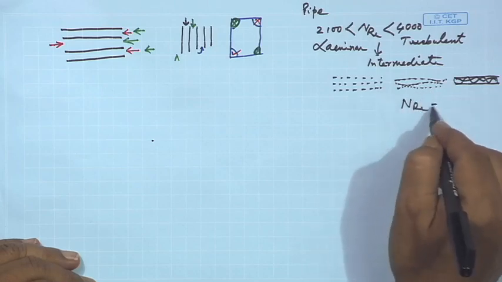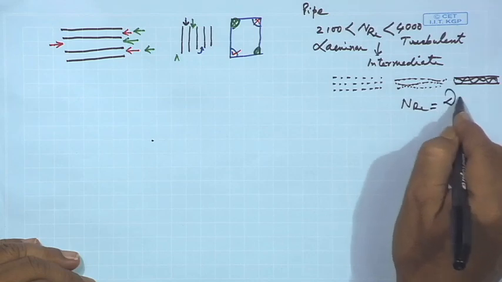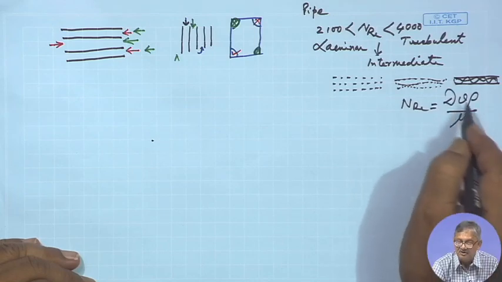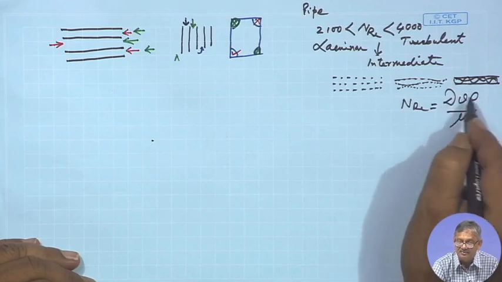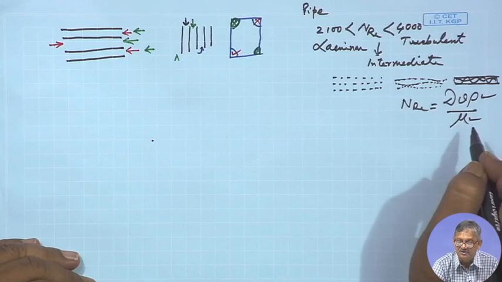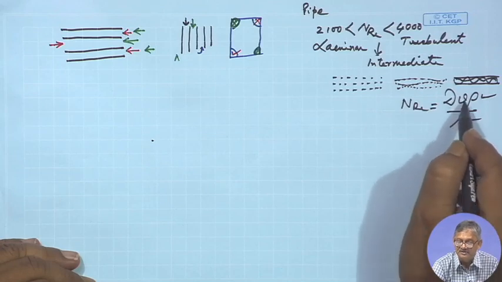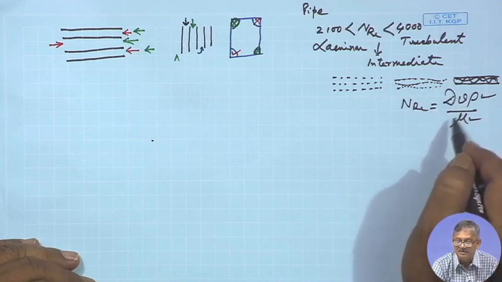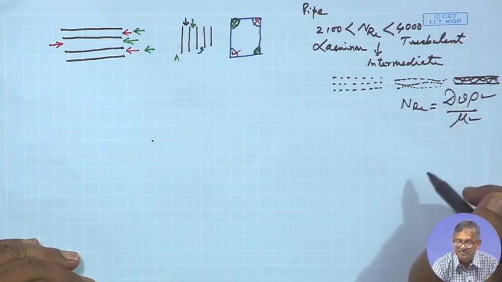And what is NRE? NRE is d V rho by mu. Rho is a fluid property, mu is a fluid property, velocity is the unknown that has to be found out, and d is the diameter of the pipe, right.